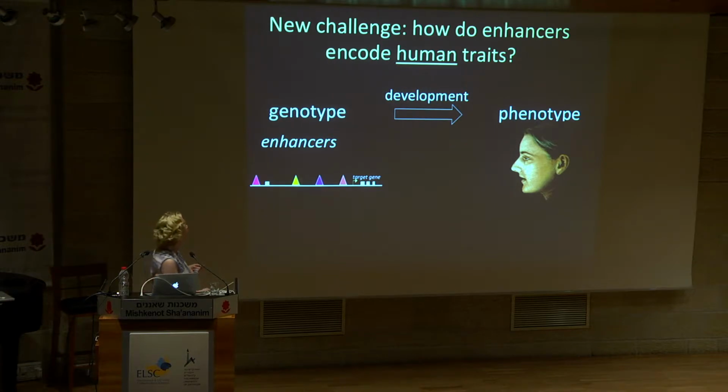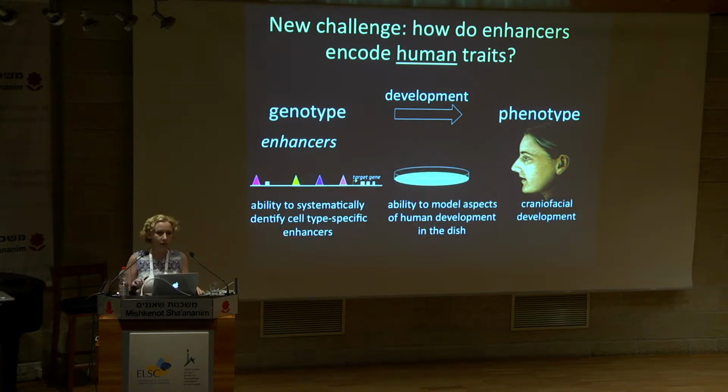But how do we make this genotype to phenotype connection, which essentially is a holy grail of developmental biology? So I would want to argue that the time is ripe to start making these connections due to progress that has been made in the field. First, our ability to systematically identify cell type specific enhancers.